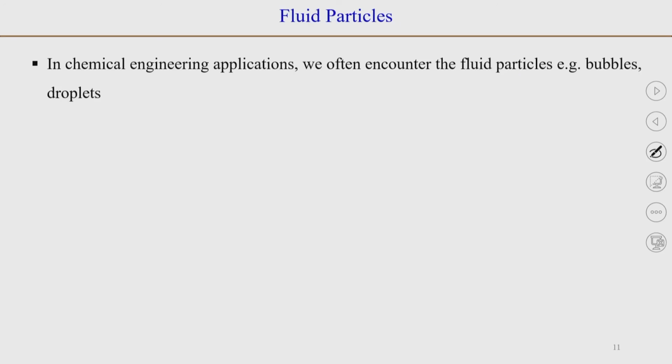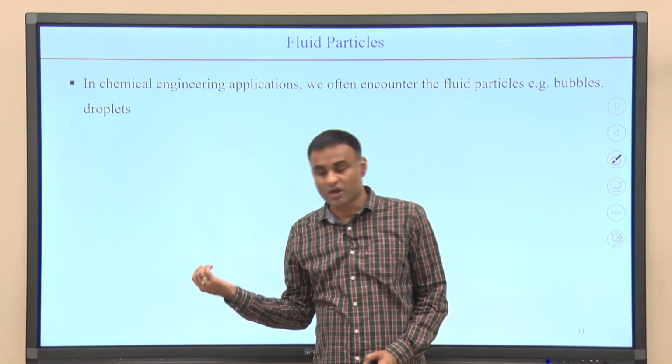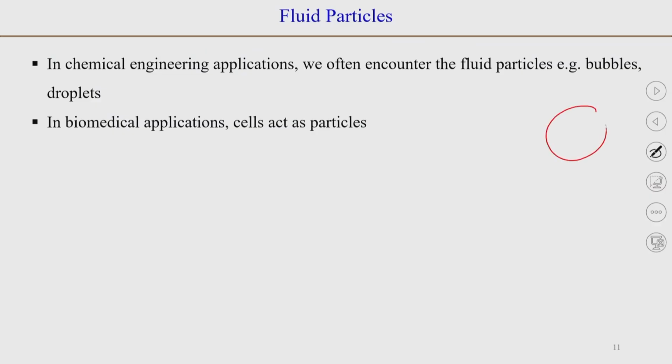Okay. So, when you have fluid particles, for example, bubbles or droplets, or when we talk about biomedical applications, they might be cells. So, in these cases, when we talk about a rigid sphere, the boundary condition at the surface of a rigid sphere is no slip.